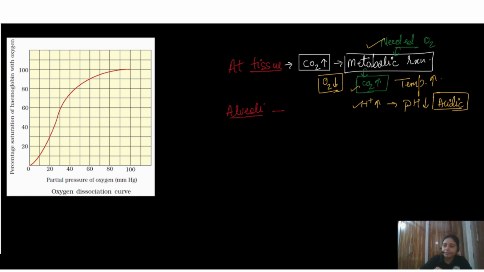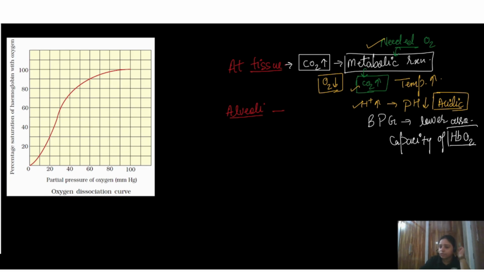The next term, which is not given in our NCERT but is important, is bisphosphoglycerate. Bisphosphoglycerate lowers the association of O2 with Hb, lowering the association capacity of HbO2, so it causes HbO2 to dissociate. So bisphosphoglycerate also increases at the tissue level.